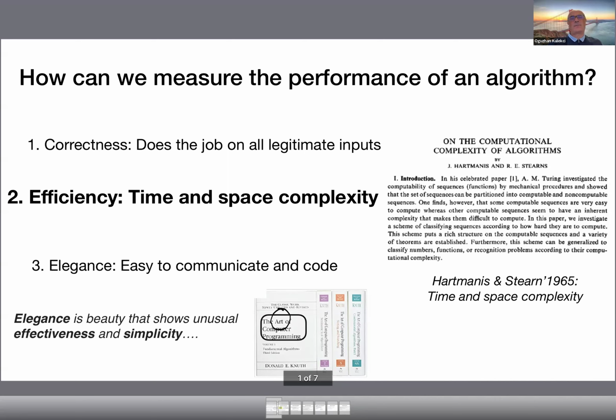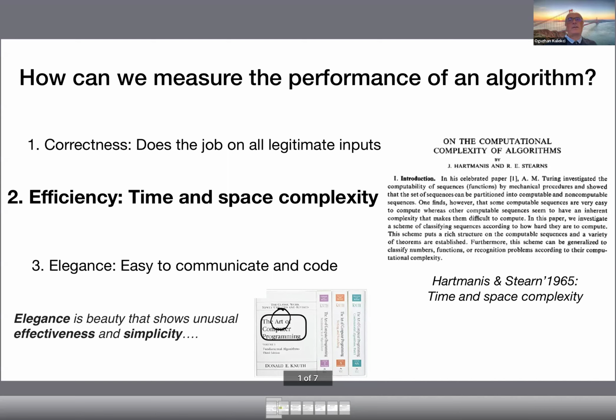Again, it is not something we can measure mathematically, but I will try to sketch what is elegant throughout this course. To be simple, what is elegance in the dictionary? Elegance is defined as the beauty that shows unusual effectiveness and simplicity.